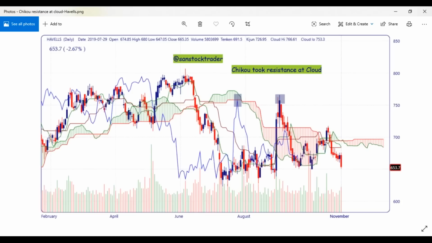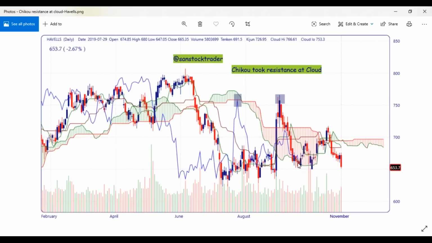Your cloud is plotted 26 periods in the future. Then you have the Tenkan-sen and Kijun-sen, which are placed at the present price, and then we have the Chikou Span, which is placed backward, in the past 26. So one chart gives you an idea about the past, present, and future, all three.